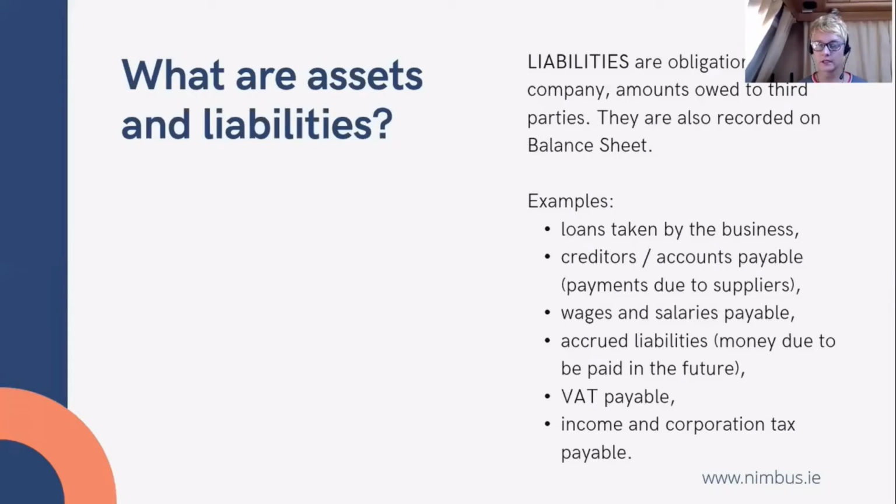Secondly, creditors or accounts payable. These are payments due to suppliers. You bought something, but you haven't paid for it yet because the supplier gave you 30 days to make the payment. So you would record such an invoice as accounts payable. The money you owe to this supplier, a credit, a liability. Next good example is wages and salaries payable.